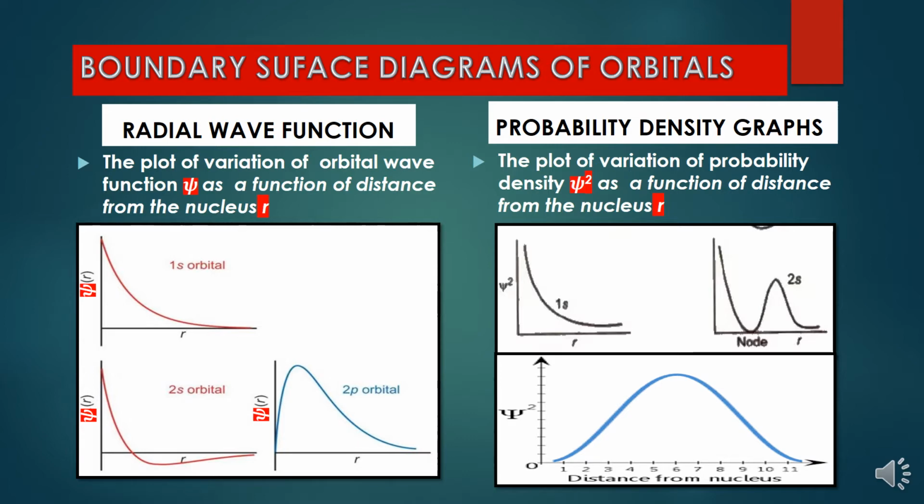For 2s, near the nucleus it becomes lower, then it starts increasing up to a maximum value, and then further starts decreasing. For the p orbital it is 0 initially near the nucleus, then it reaches up to a maximum. When we observe these values in terms of distance and plot these structural figures, those boundary surface diagrams are obtained.